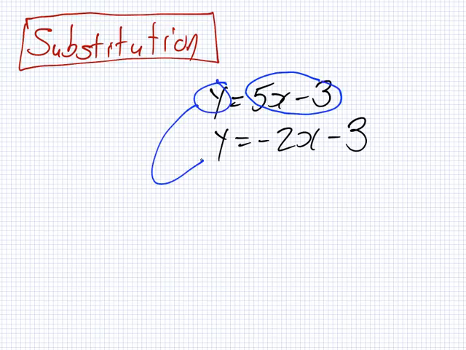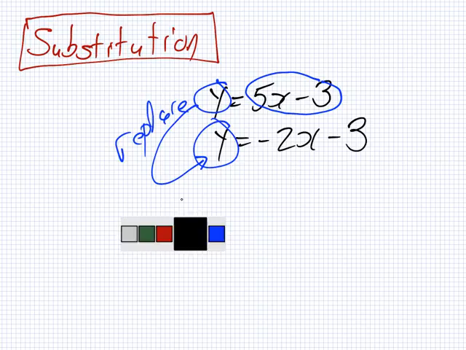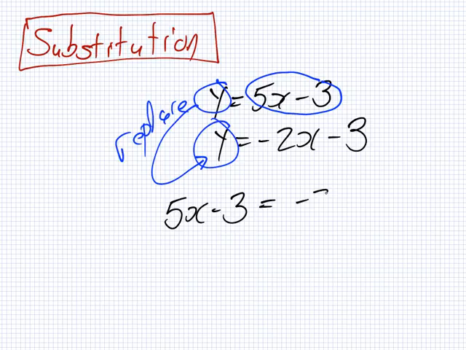So that means here I can replace this y with 5x minus 3, because 5x minus 3 is the same as y. So I can make this equation: 5x minus 3 equals minus 2x minus 3. And then, in this case, the 3's would cancel.